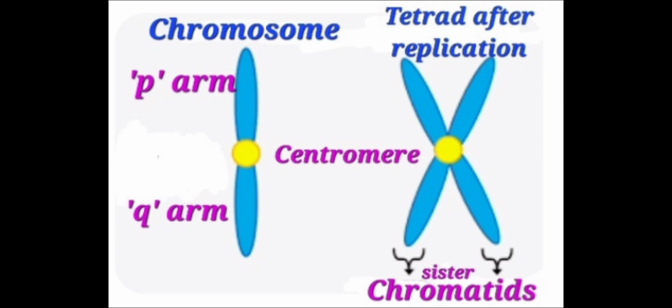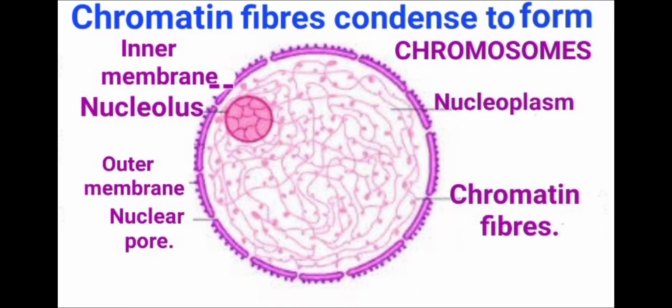It is true that these chromosomes are not visible even under a microscope when the cell is not dividing, as they remain in an uncoiled state called the chromatin network. Moreover, they are extremely thin in diameter to be viewed under a light microscope.